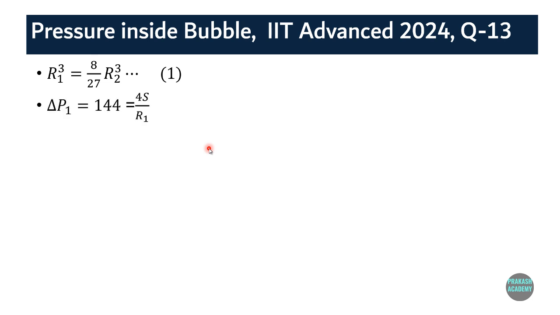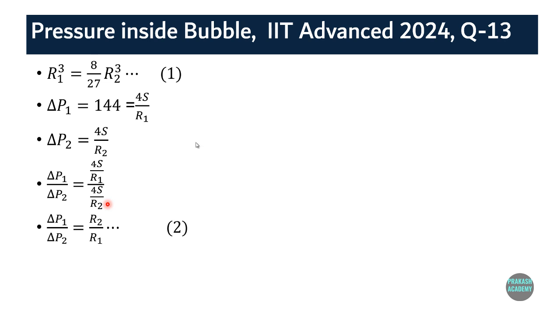Now let us find another equation. We know delta P1 is given as 144 Pascal and this is equal to 4S by R1. Similarly I can write that delta P2 will also be equal to 4S by R2. Now if I divide these two equations, I will have delta P1 divided by delta P2 equal to 4S by R1 divided by 4S by R2.